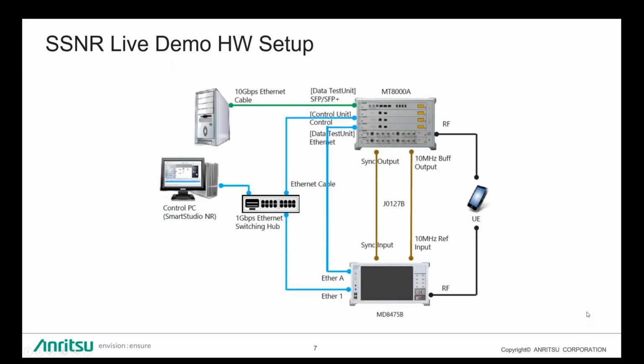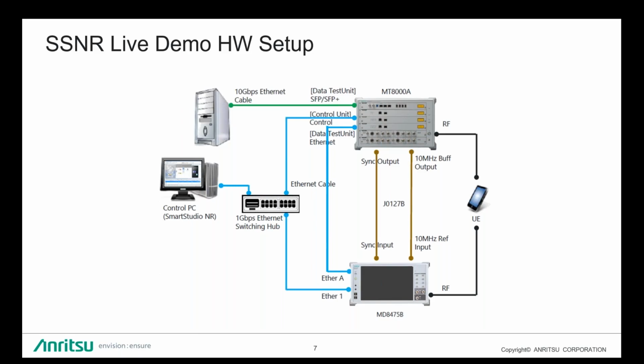For today, our demo is a fairly basic setup, as you can see here. We have an MT8000 and the MD8475, which is going to be controlled by an external PC running SmartStudio NR. Everything is basically connected to an Ethernet switch.